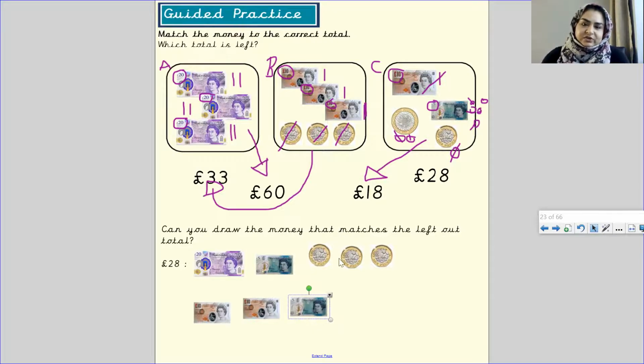But I don't want to use 3 £1 coins. I'm going to change it to a £2 coin. So 25, 26, 27, because that's worth 2, and then 28. Okay.